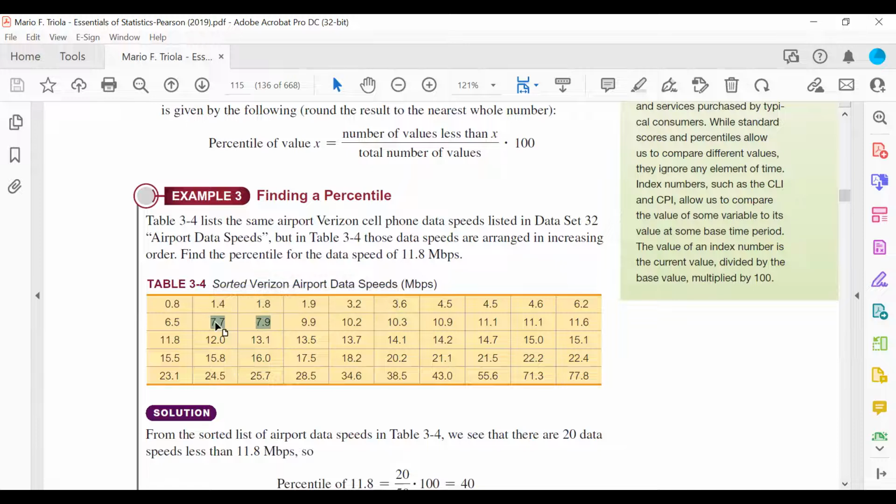That's my 12th number, which is 7.7, and I'm going to add to it the next number, which is 7.9, and divide by 2. If I add and divide, I end up getting 7.8.